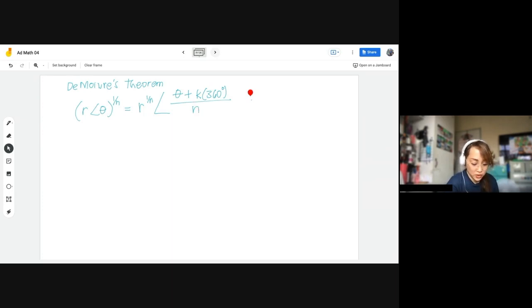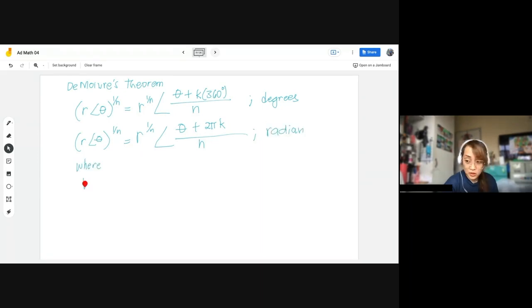Take note, this is in degrees. And or R angle theta to the 1 over n, that is R to the 1 over n angle theta plus 2 pi k over n. This is now in radians. K is equal to 0 if that is the first root, k is 1 if second. Or simply, k goes up to n minus 1.